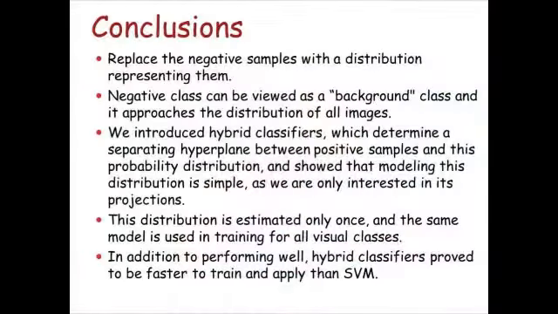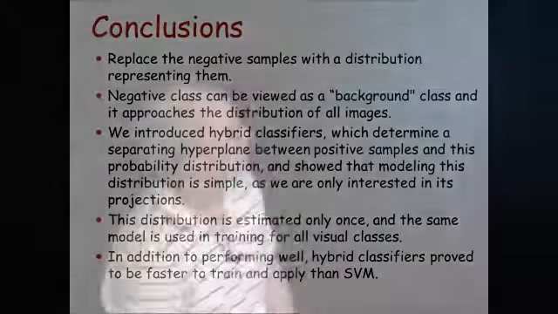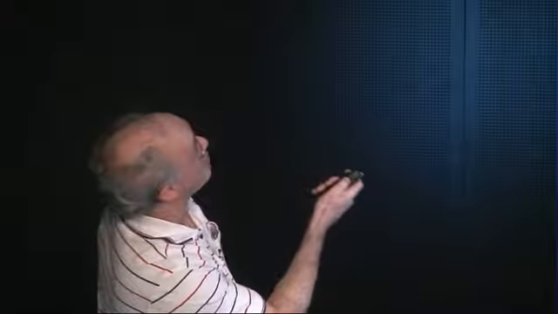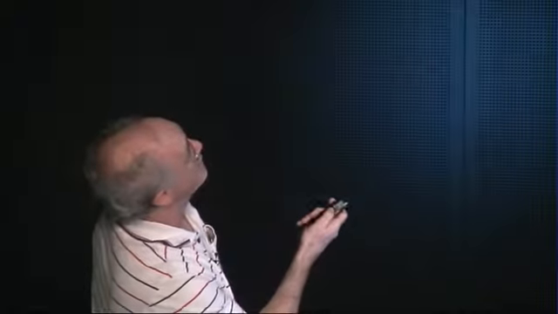So it worked pretty well, and that's basically it. The main idea is very straightforward. You replace the negative samples with a distribution. You look at the negative set as a background class, and you treat it like some prior distribution over all images.